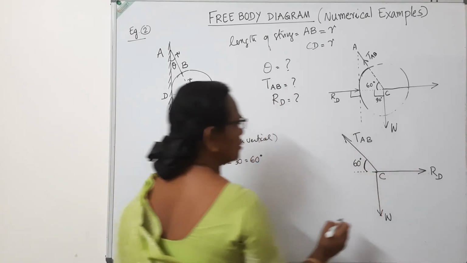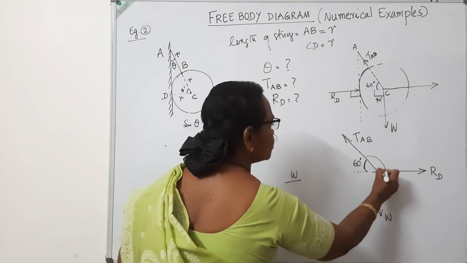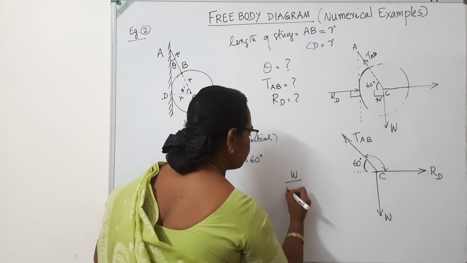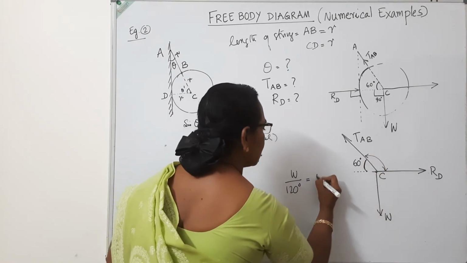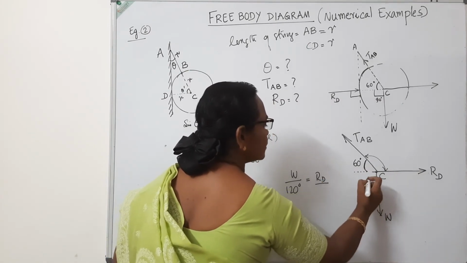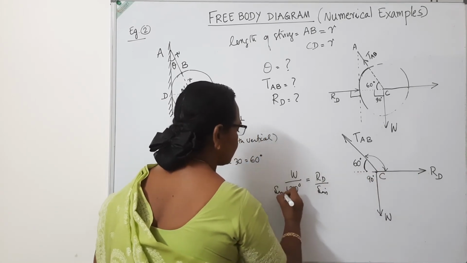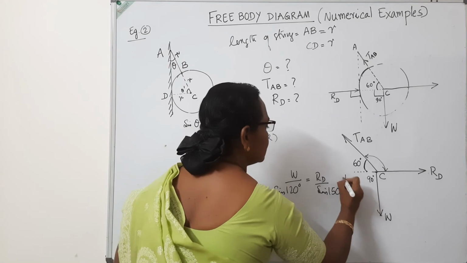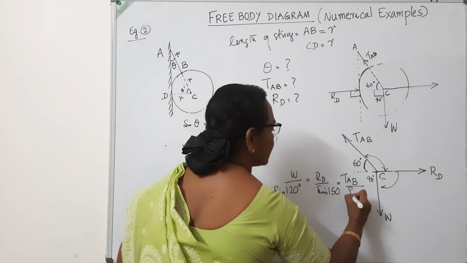Now we can easily apply W divided by sine of the angle between the other two. If this is 60, totally 180, so 180 minus 60, 120. W by sine 120 is equal to RD by sine of the angle between the other two, this is 90, so 90 plus 60, sine 150, is equal to TAB by sine 90.